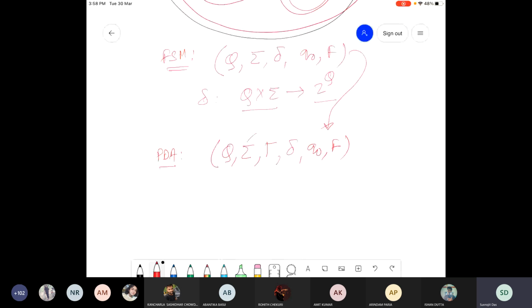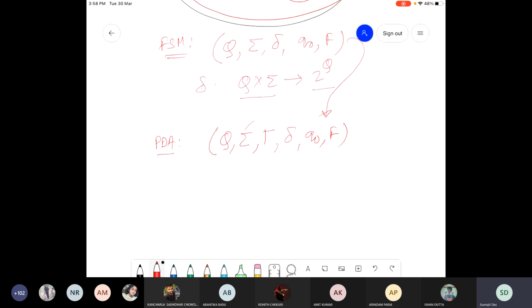In the push-down automata case also, you have a final state. You can have many final states, but that can be equivalently talked about as a single final state by epsilon transitions. I will show you how. With the finite state machine 5-tuple definition, I have just added the stack alphabet.